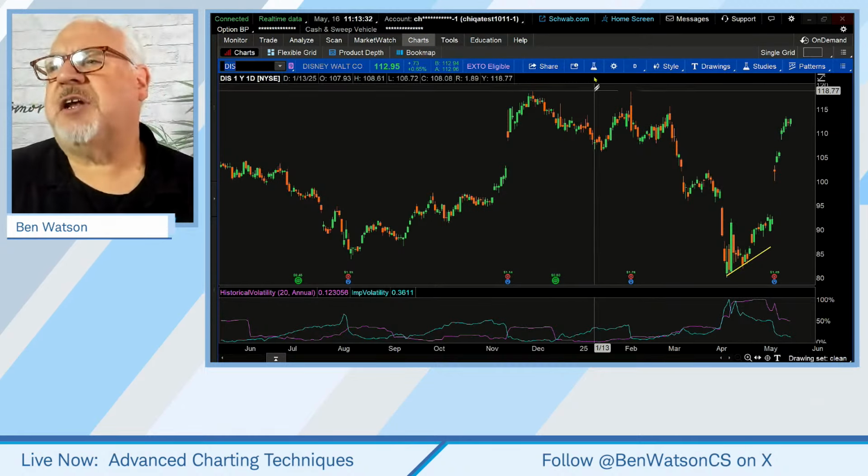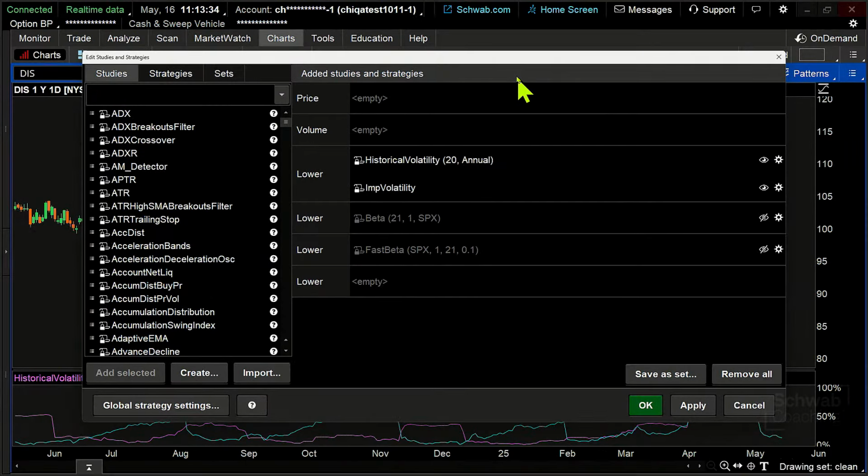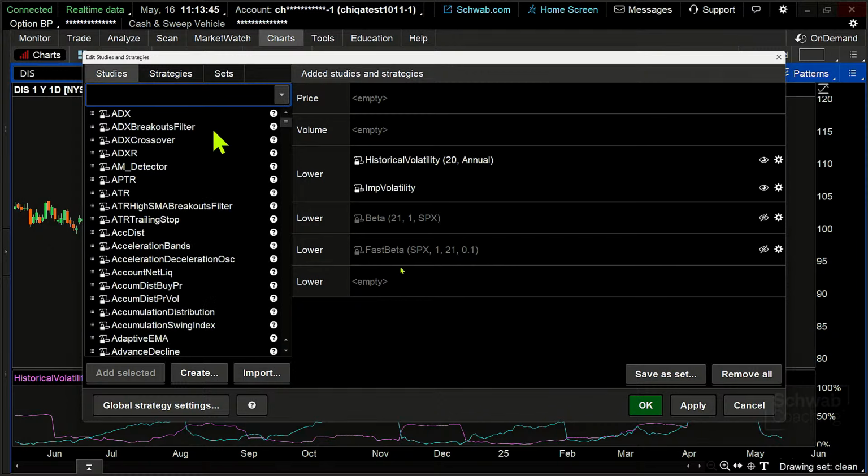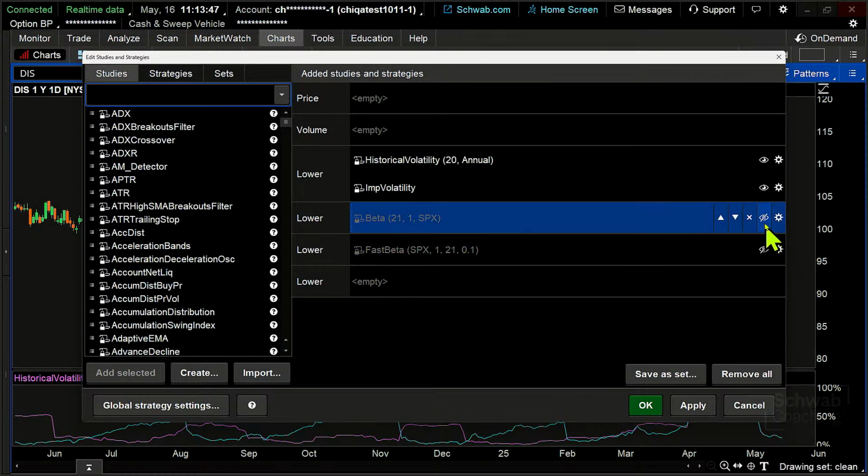So I'm going to come up here to the Flask icon. The first study that I'm going to put on here, I've already got it on here. You can find it over on the left-hand side if you just type in BETA. You can find that beta study. I've put beta on here, and I'm just going to open the eyeball for that beta study.